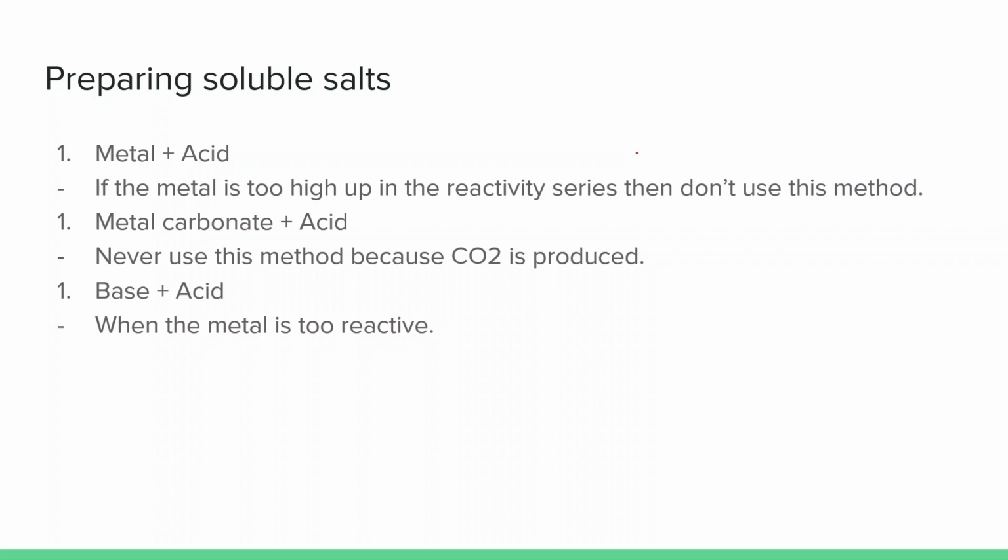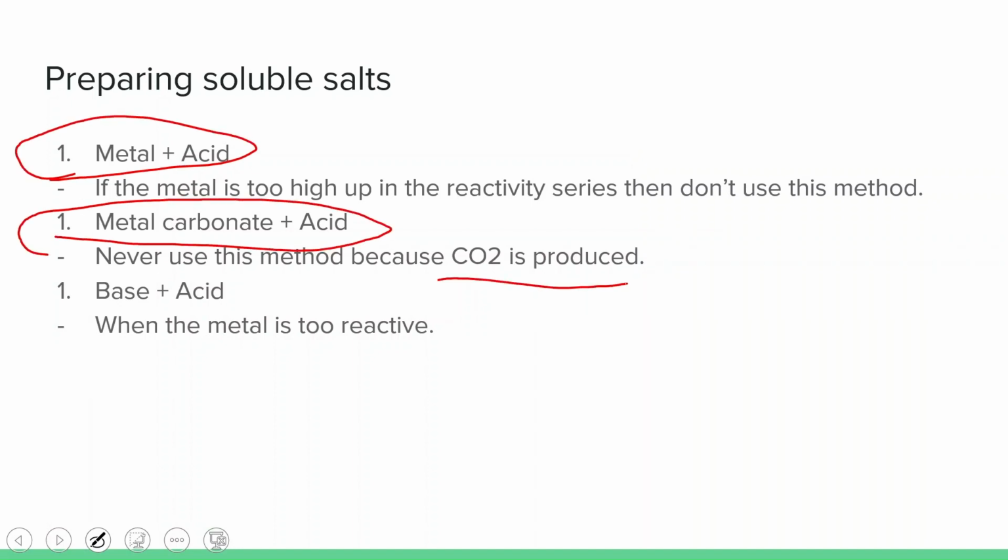And acid plus base, or basically neutralization, is used when the metal is too reactive. Basically, if you have to make sodium hydroxide, the best way would be using an alkali and acid neutralization reaction, because sodium as a metal is very reactive, so we don't want to use the metal method. And the carbonate method, like I said, produces CO2, so we basically never use it.